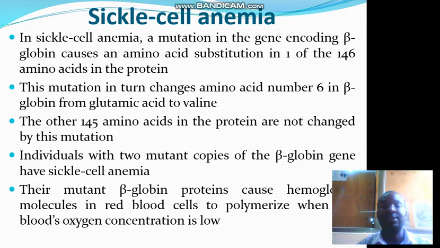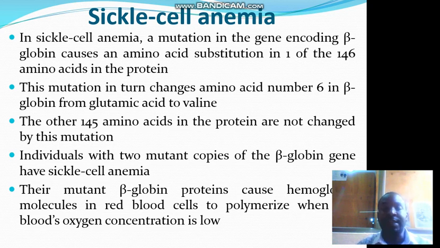This mutation causes an amino acid substitution in one of the 146 amino acids within that protein. When there is a change in one of the amino acids, it results in changes in the structure of hemoglobin, and therefore sickle cell anemia results from that mutation.